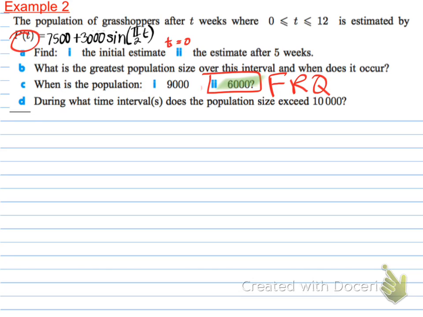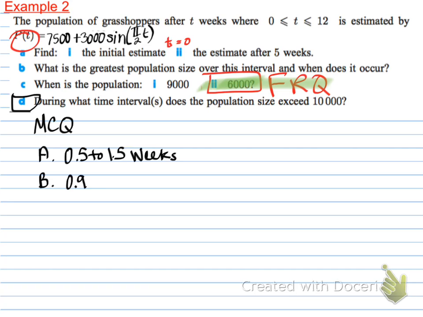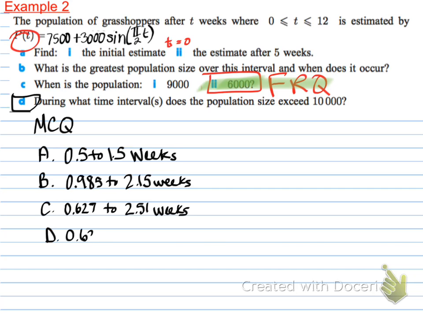The next question, your multiple choice question, is question D here. So during what time interval does the population size exceed 10,000? So it's very similar to your free response, very similar to 9,000, but now you're looking for when it's 10,000. You're looking for those two times where it's 10,000, and it's one of these 4 intervals. Okay? Do your best.